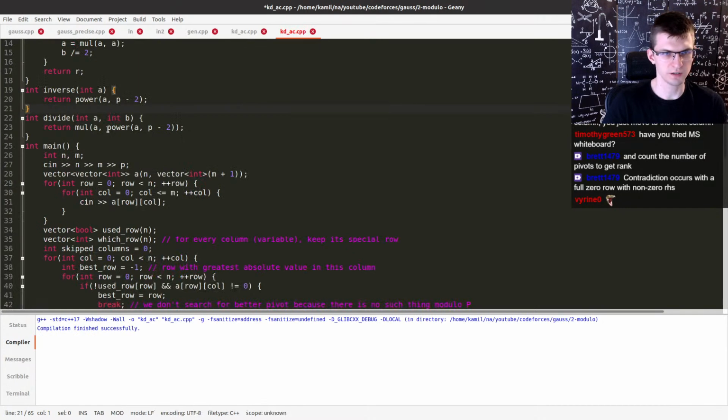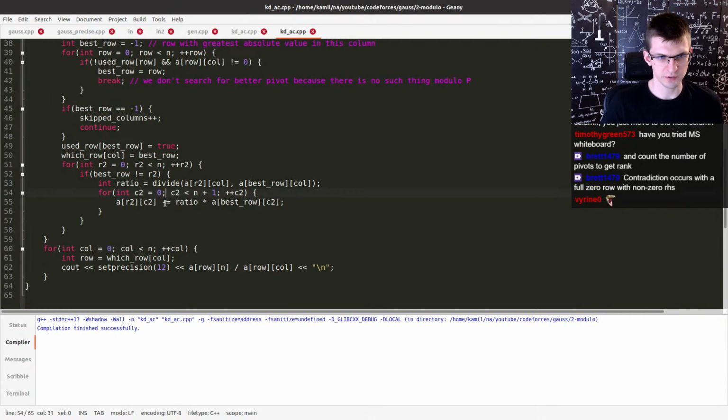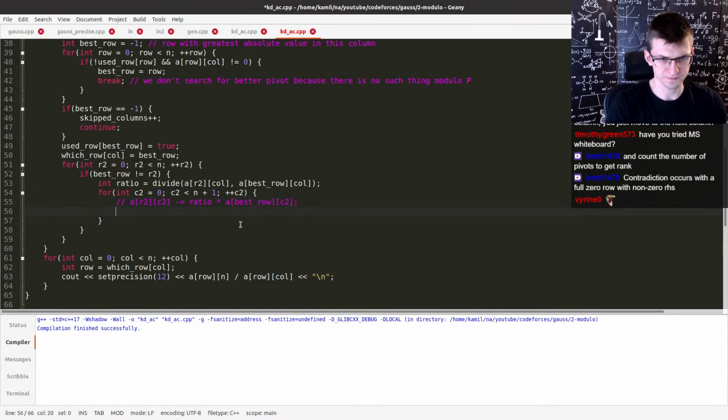Actually, I will leave the inverse function. Inverse of a. I wanted to simplify stuff and get rid of one function, but this is how I always implement it. We have ratio, and now we have this. And this is a little bit tricky. I need to say this is myself minus ratio times this plus modulo.